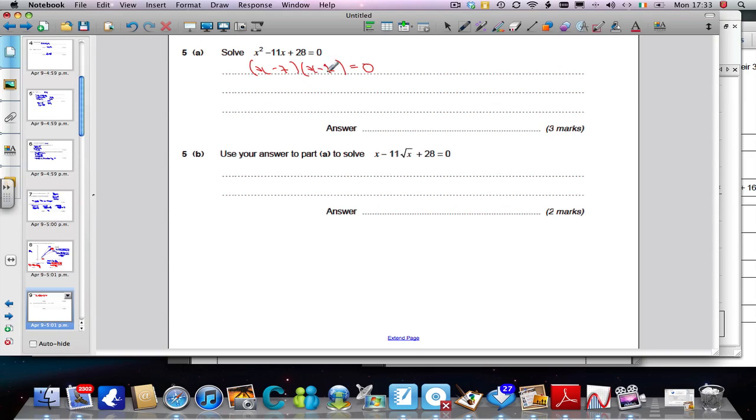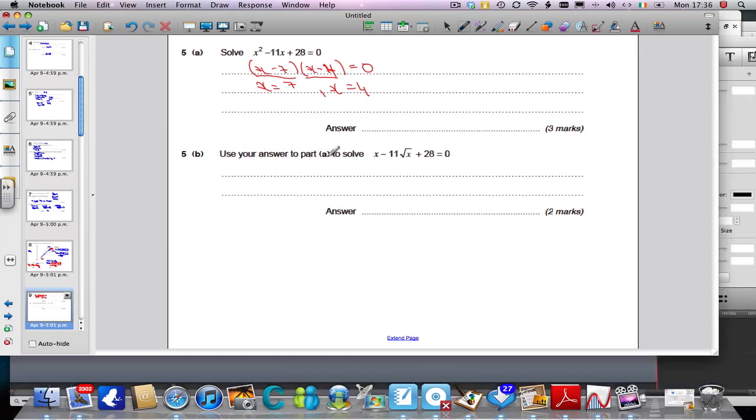Minus 7 times minus 4 is 28, and minus 7 plus minus 4 gives me minus 11. That means x must be equal to 7, or x is equal to 4. The product of two terms is 0. That means this term or this term must be equal to 0, or both are equal to 0. And solving that, we get 7 and 4.